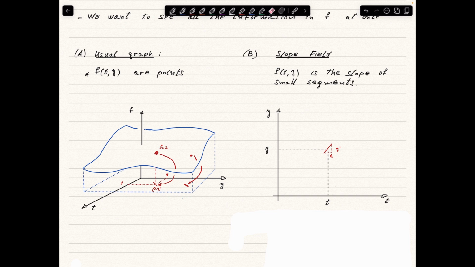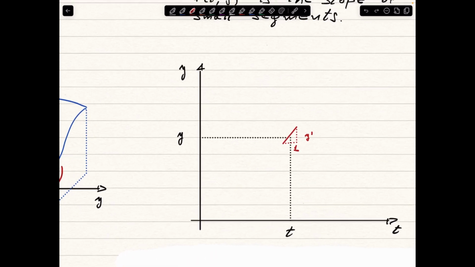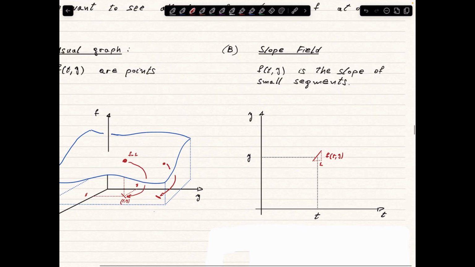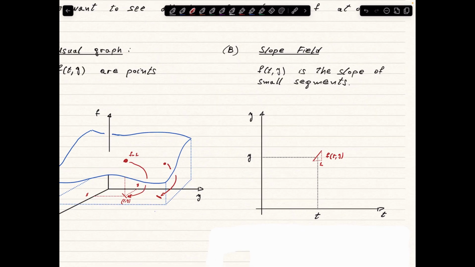Now we have this little slope here. It's right there. And this is y prime, but right now this is f at y. And then we can have the values of f at different points.